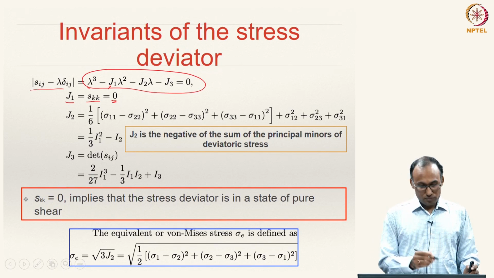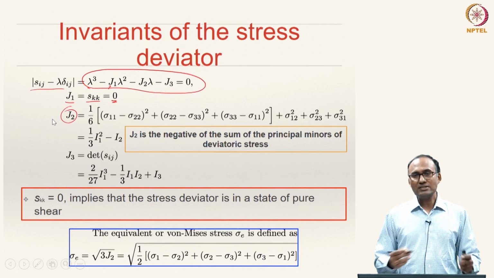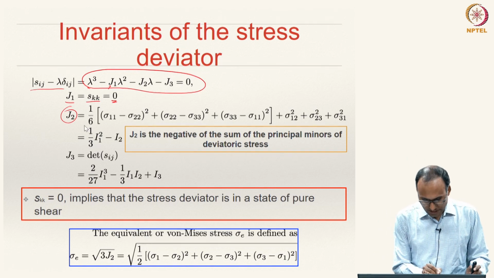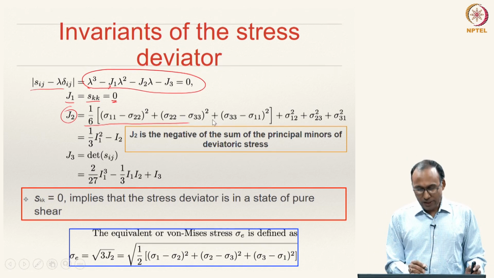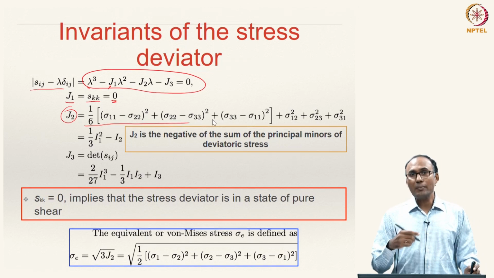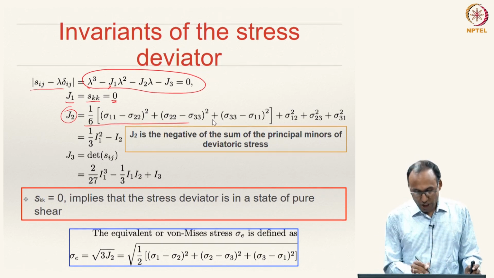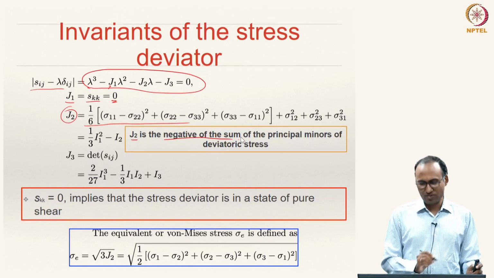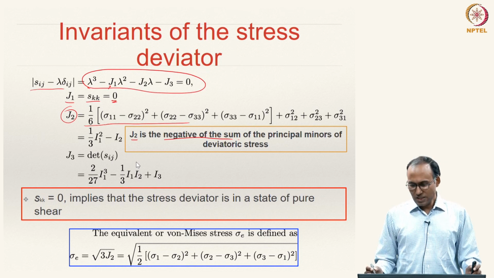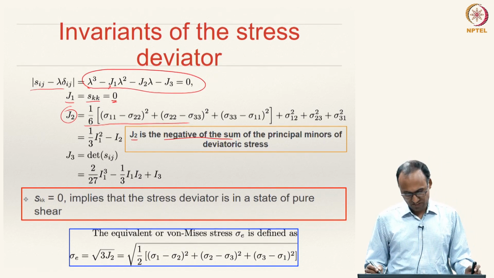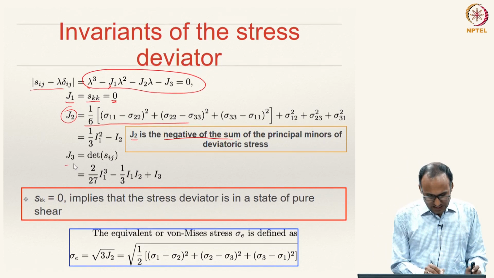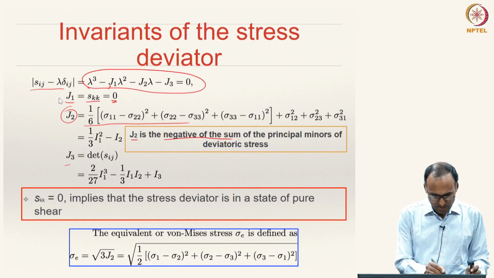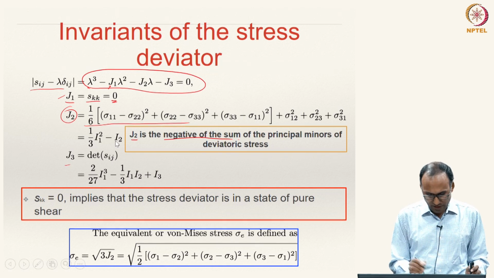and J2 is the second invariant of the stress deviator, that is given by this expression. I2 is the sum of the principal minors, J2 is not the sum of the principal minors, but J2 is the negative of the sum of the principal minors of the deviatoric stress tensor, and J3 is the determinant of the stress deviator, and here we have written the relations between J1, J2, J3 and I1, I2, I3.